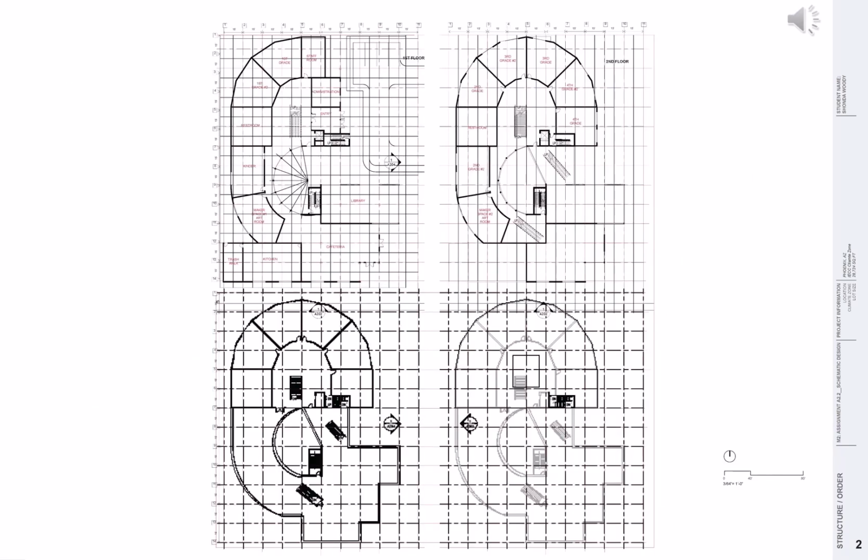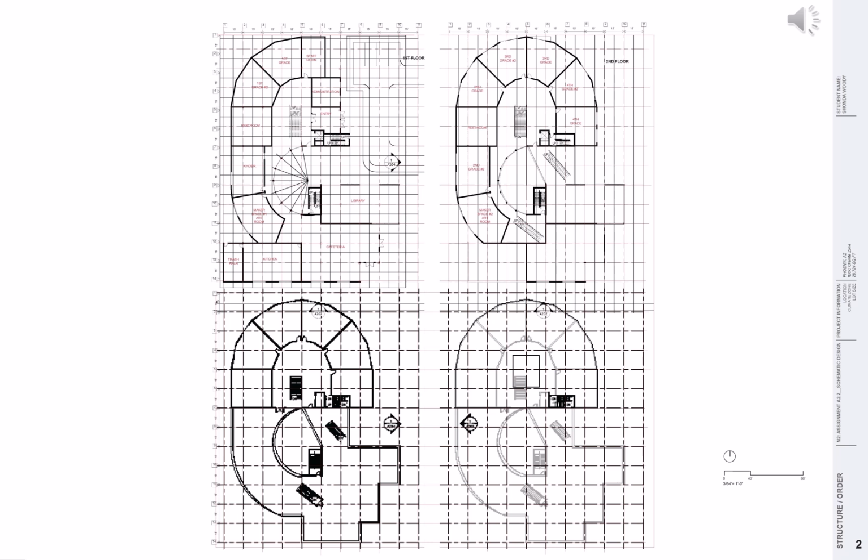Here is my structural order. I have my grid lines about 15 feet apart, also showing my floor plans. As you can see, there are circle or square lines indicating where my columns are placed.